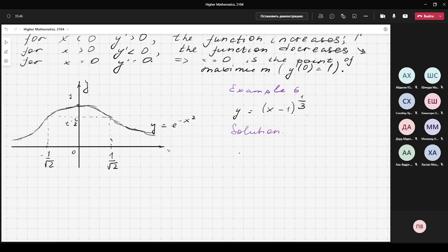The first. Find the first and second derivatives. y prime is 1 over 3 times x minus 1 to the power of minus 2 over 3, and y double prime equals minus 2 over 9 times x minus 1 to the power of minus 5 over 3.